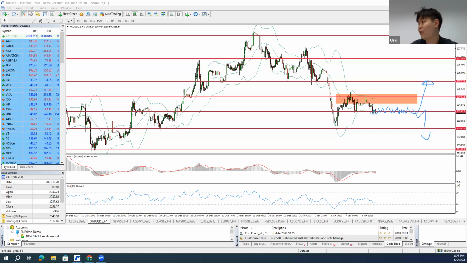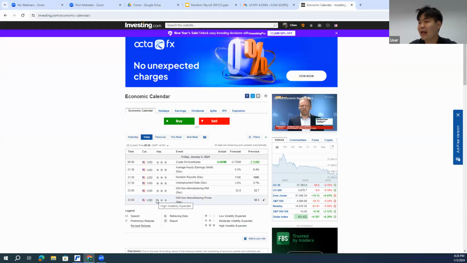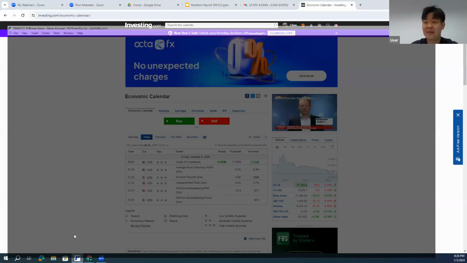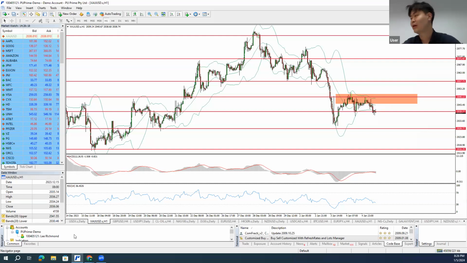We cannot say whether it will go up or go down. You need to continue monitoring the charts until it successfully breaks any support level or resistance level. Then only will it increase your confidence to trade on it. But normally, if there is mixed data, it's highly recommended for you not to trade, or maybe wait until next week, because of very high volatility if things happen like that.